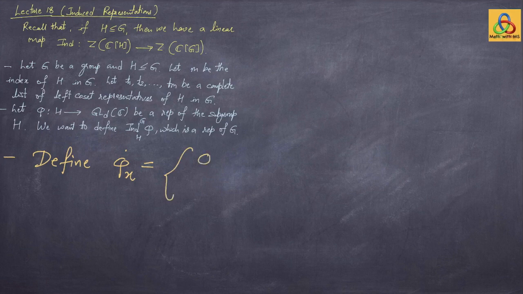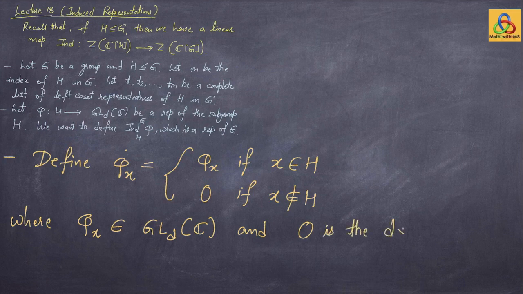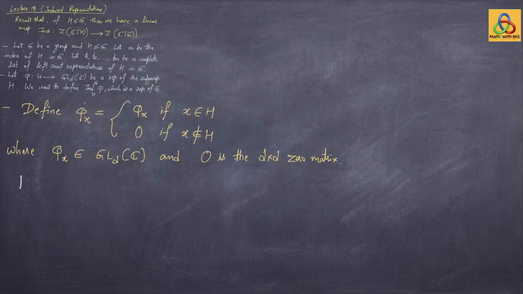This is simply phi(x) if the element x is in the subgroup H, and 0 if x is not in H. Note here that phi(x) is a d by d matrix, where phi(x) is in GL_d(C) by definition, because phi is a representation of the subgroup H, and as you understand, 0 is a d cross d zero matrix.